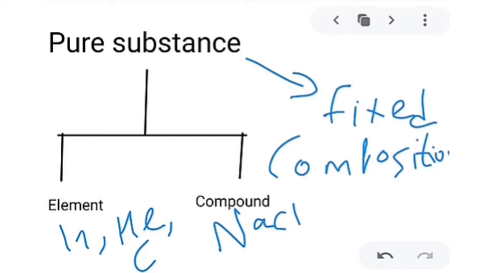Another example: if I take the water molecule, then what about the water molecule?